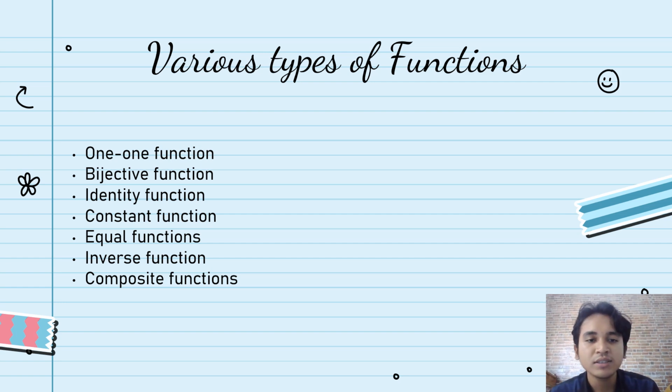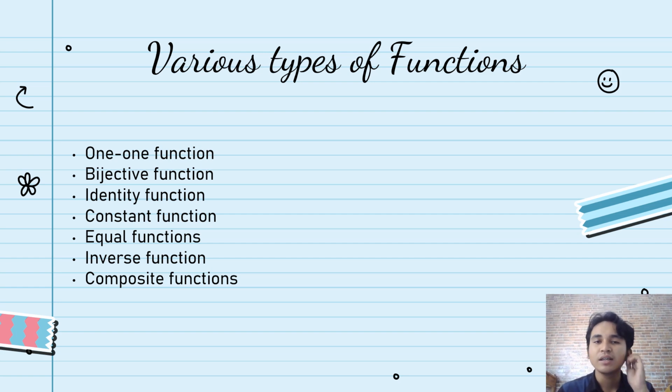Next, the constant function. Let f from A to B be defined in such a way that all the elements in A have the same image in B. Then f is said to be a constant function. The range of a constant function is a singleton.